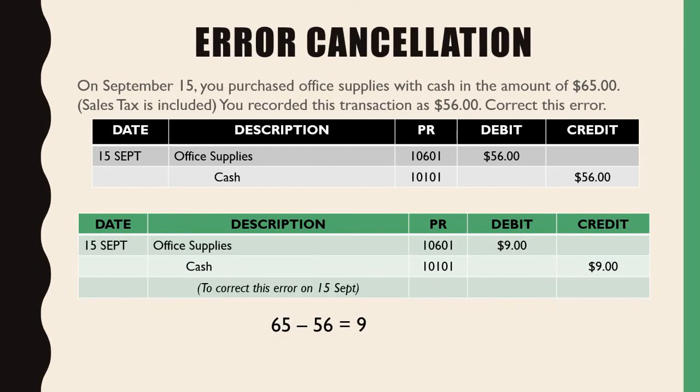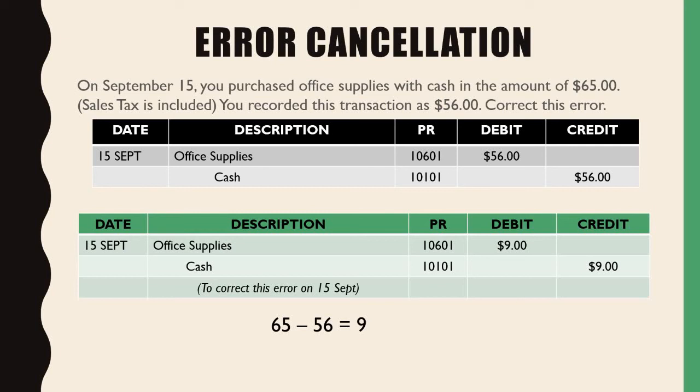Now we're going to talk about error cancellation. Once again, in this context, when we look at our accounts, we need to recognize two things. In my books, I recorded that I spent $56, but in reality, I spent $65.